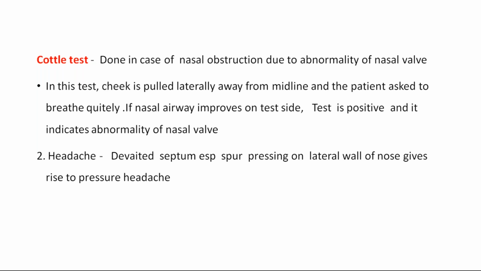By inserting a Thudichum speculum, you can have a good view of the septum, and you can see the deviation, the deformity, the spur, and then you can assess how bad is the deviation.